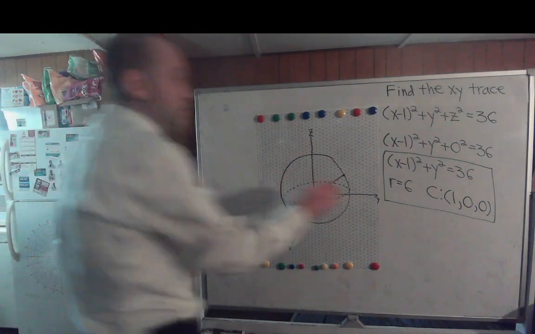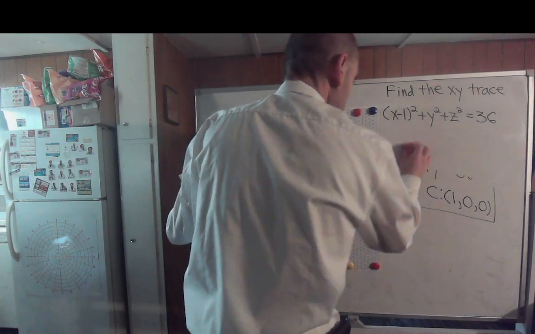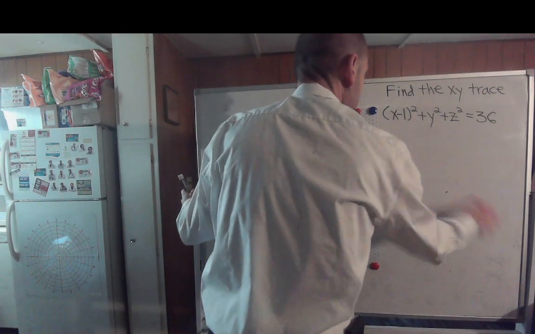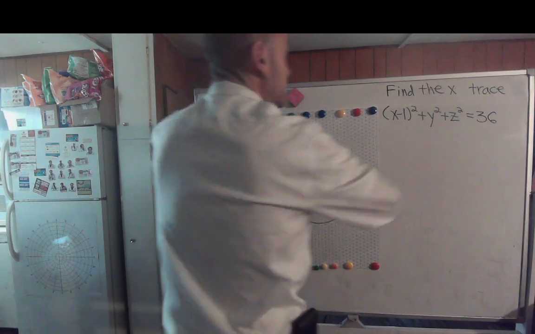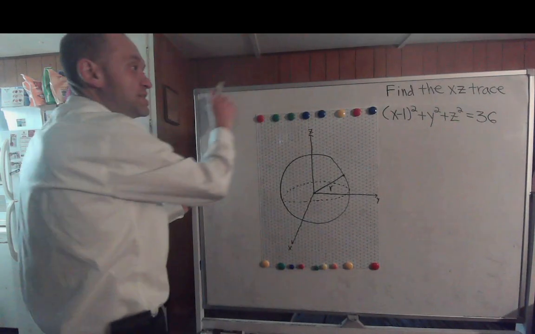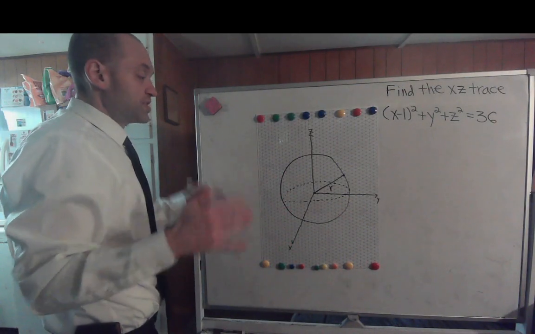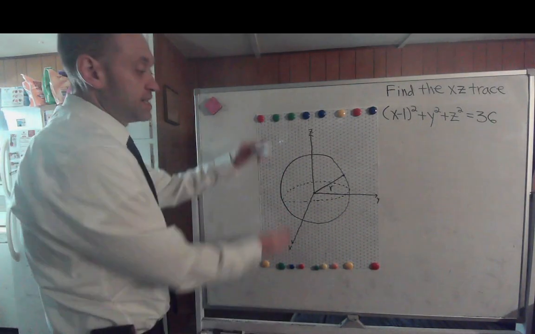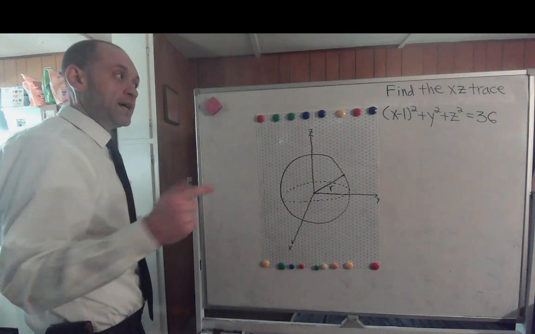Okay, now let's say this time we asked you to find the xz trace. So we're going to take this circle and map it into the xz plane, which means we've got to set y equal to 0.